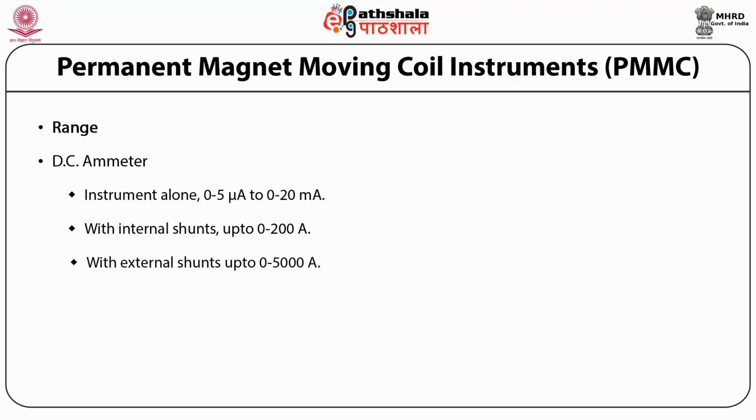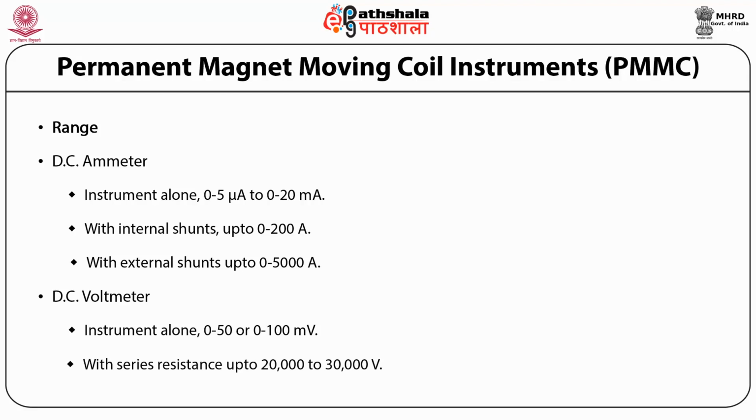Third, with external shunts, the range may vary up to 0 to 5000 amperes. Now, for DC voltmeters. For the instrument alone, the range may vary from 0 to 50 or 0 to 100 millivolts. With series resistance, the range can vary from 20,000 to 30,000 volts.